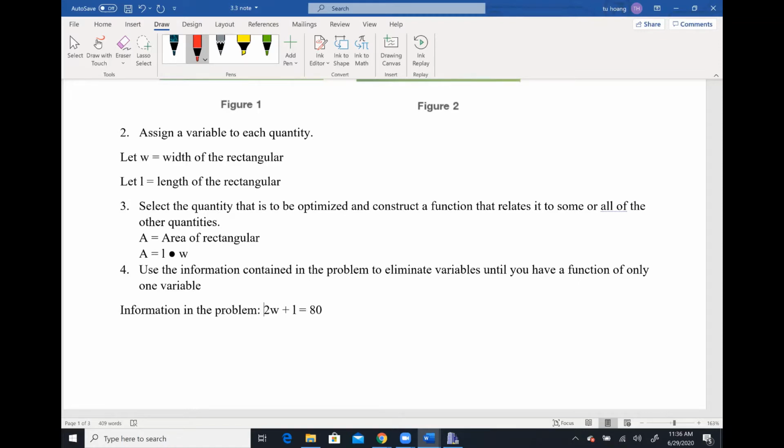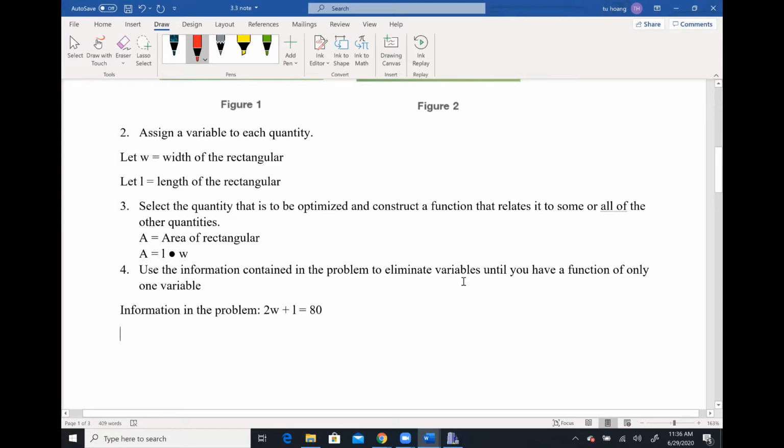Is 2 width plus 1 length equals 80. And you're gonna have to eliminate one variable, or eliminate the variable until you have only one variable.